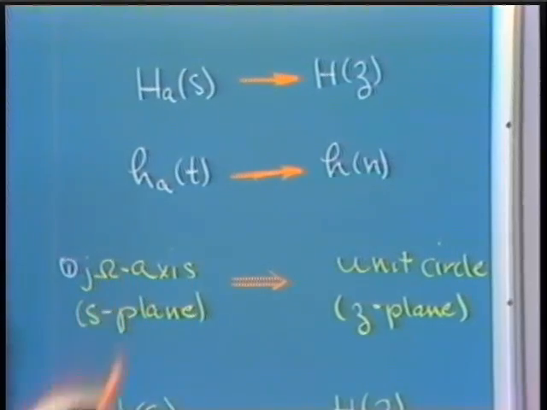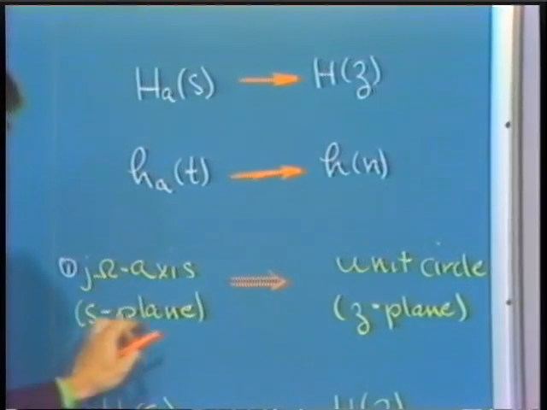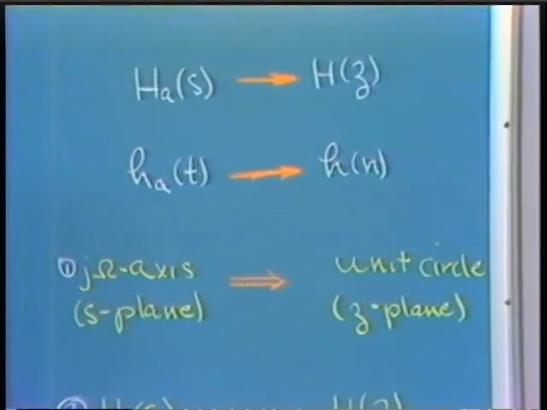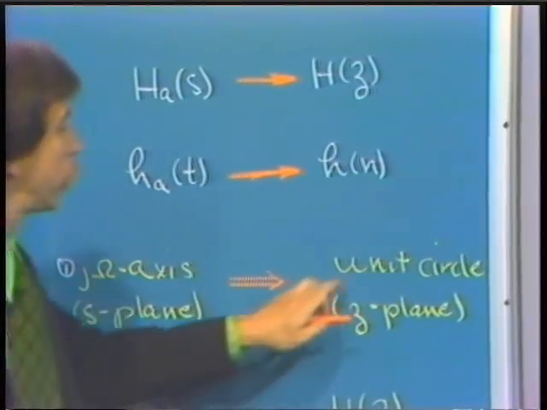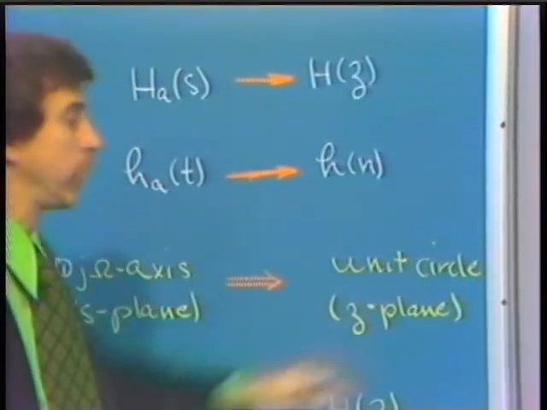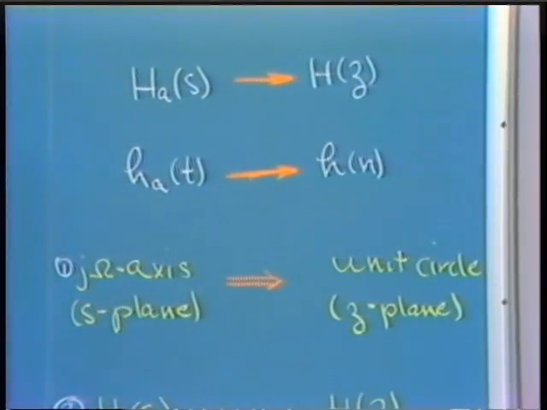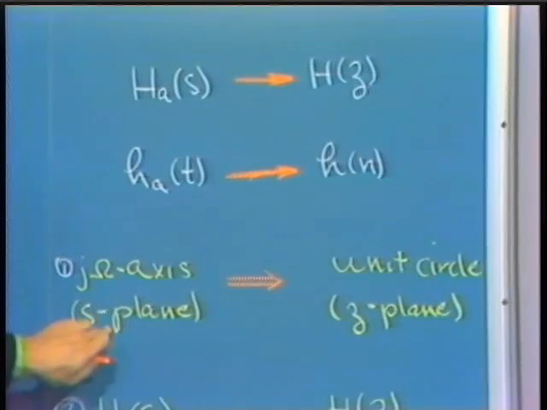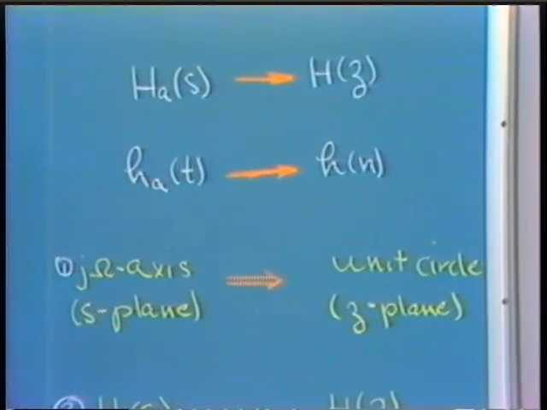If the analog filter has a good behavior on the j omega axis, that's what we would like to have mapped over to a good behavior in the z-plane on the unit circle. So this then is a first condition that we would like to impose.